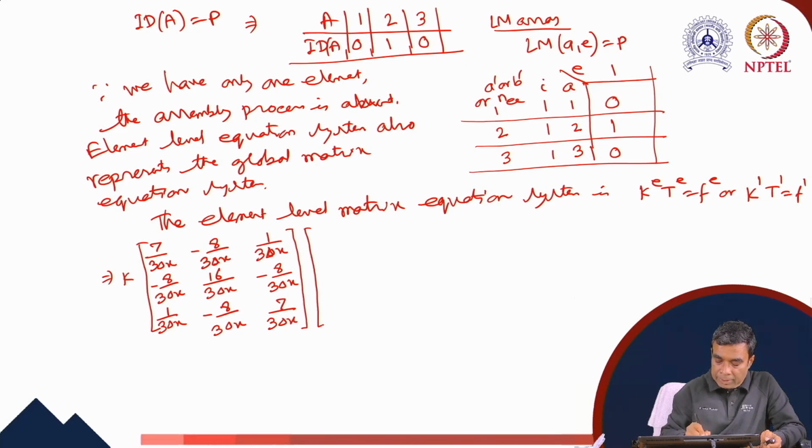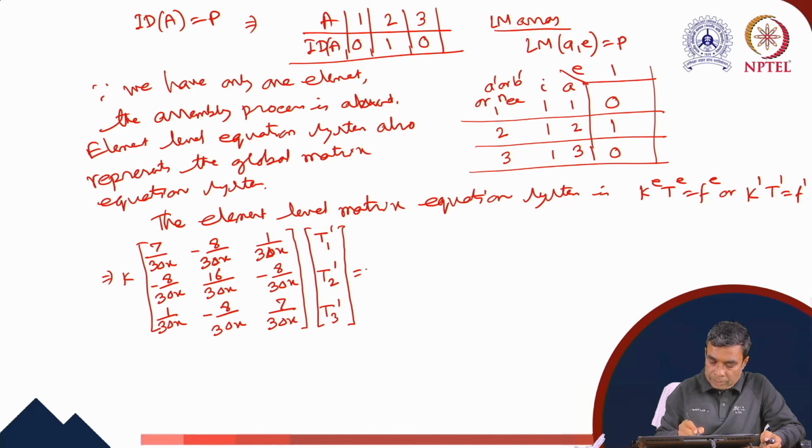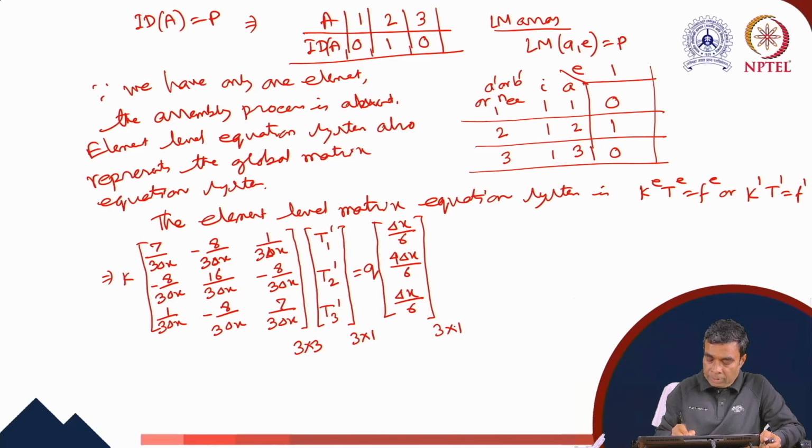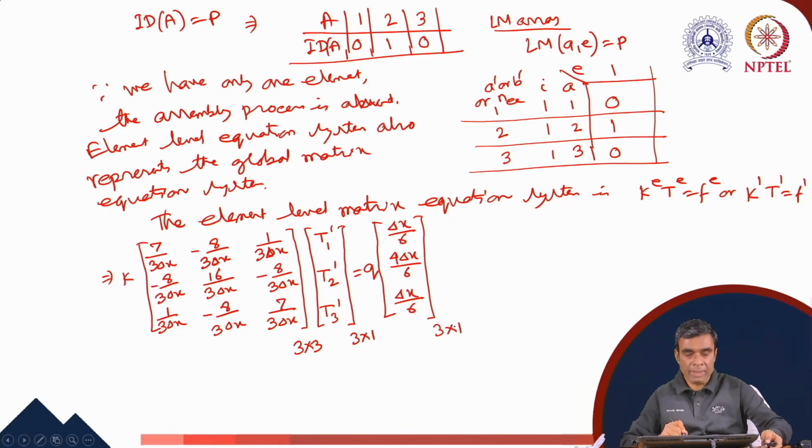Our degrees of freedom are T11, T21, T31. Our known right hand side vector is Q into delta x by 6, 4 delta x by 6 and delta x by 6. So we have a 3 by 3 matrix, 3 by 1, 3 by 1 vector equation system.